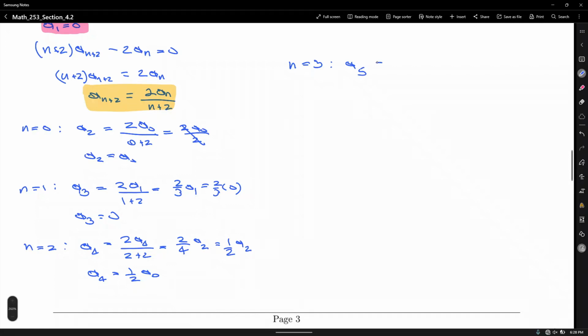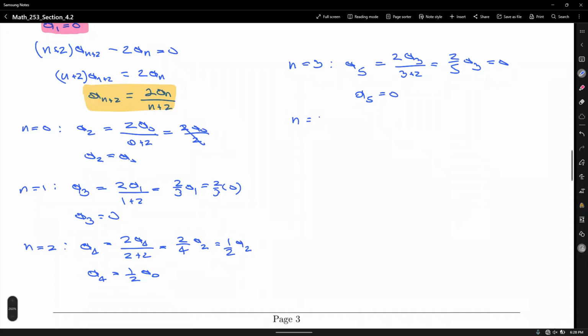A sub 5 equals 2 times a sub 3 over 3 plus 2, which is 2 over 5 a sub 3. But again, what is a sub 3? Isn't that 0? So a sub 5 equals 0.